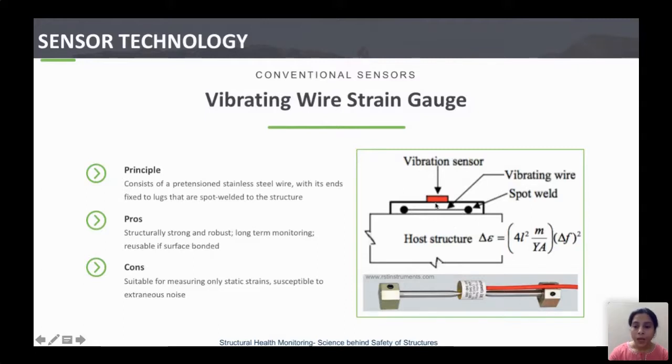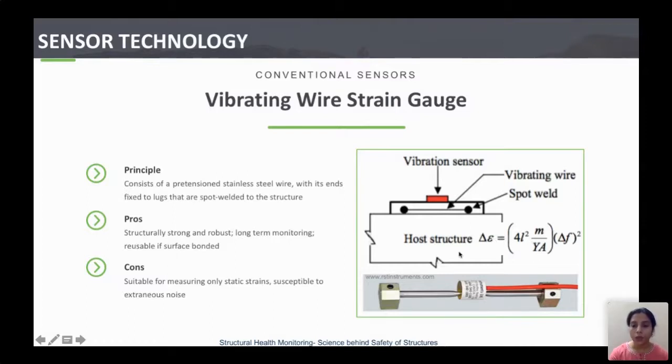Okay. And when you energize this sensor, it will pluck this wire, right? This vibrating wire will start vibrating just like a rubber band. So the frequency of this vibrating wire is actually calibrated for the strain measurements here.